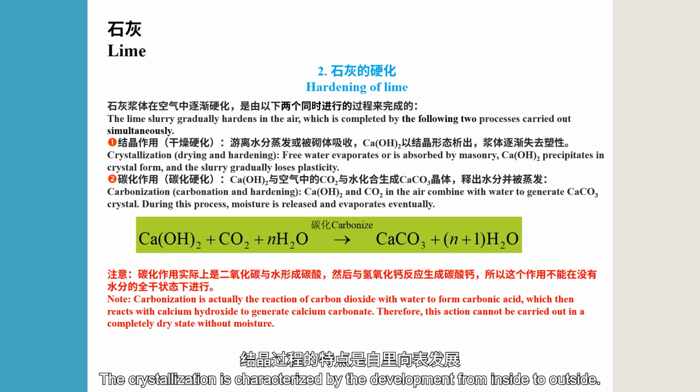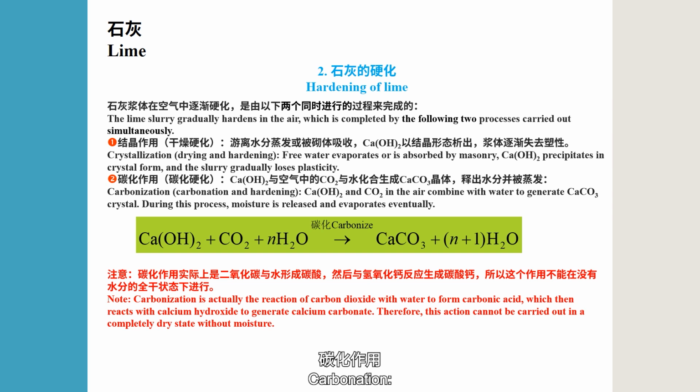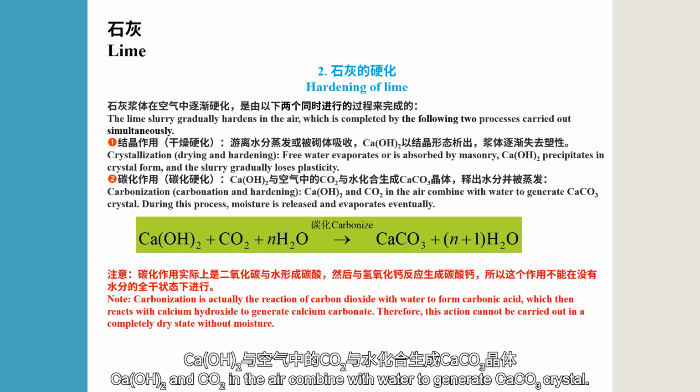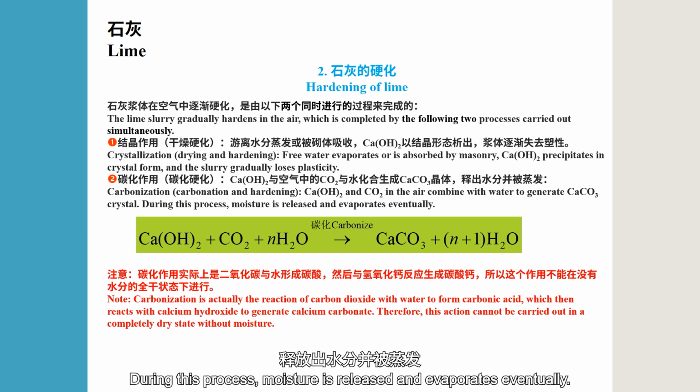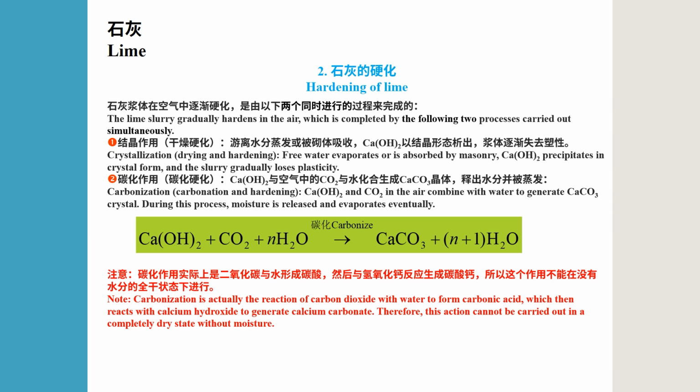The crystallization is characterized by the development from inside to outside. Carbonation. Ca(OH)2 and CO2 in the air combine with water to generate CaCO3 crystal. During this process, moisture is released and evaporates eventually.